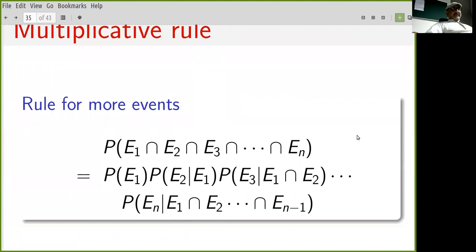And what you will get is that the probability of E1 intersection E2 and so on up to intersection En is the probability of E1 times the probability of E2 given E1 times the probability of E3 given E1 intersection E2, and so on up to the probability of En given E1 intersection E2 up to intersection En minus 1.